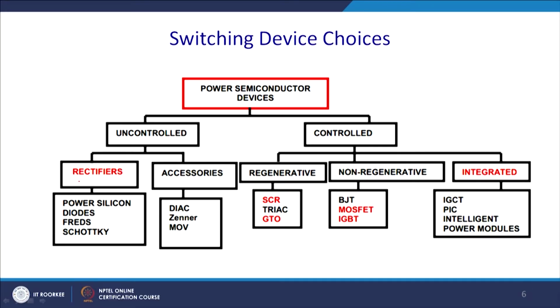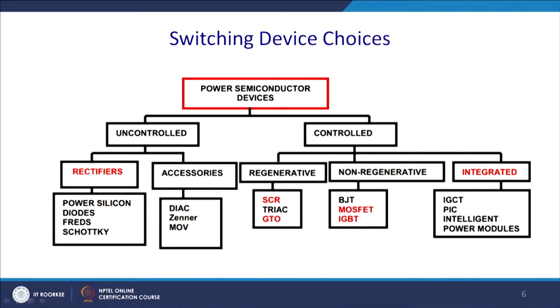Under uncontrolled come the rectifiers and the accessories. Thereafter come the power silicon diodes, Schottky diodes, fast recovery diodes, and accessories like those used mostly in protections and regulations. These are DIAC, Zener, MOV.